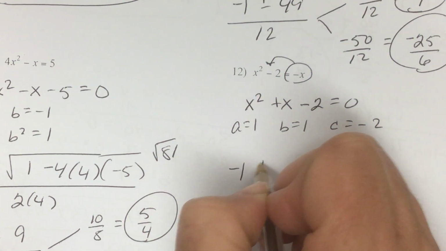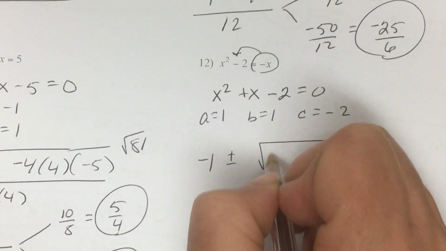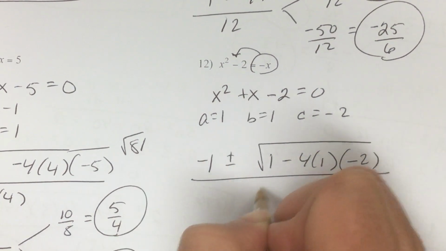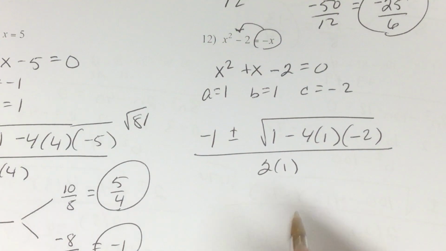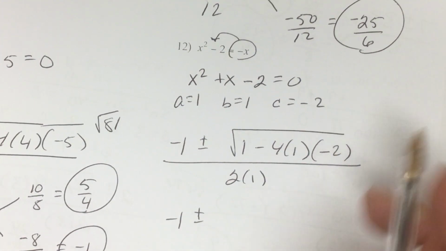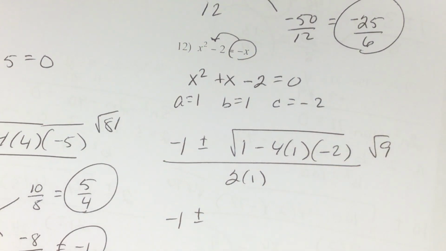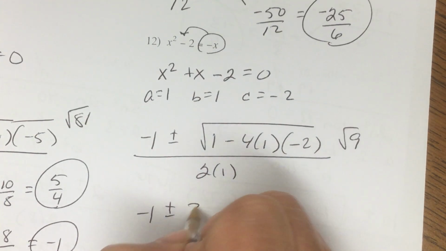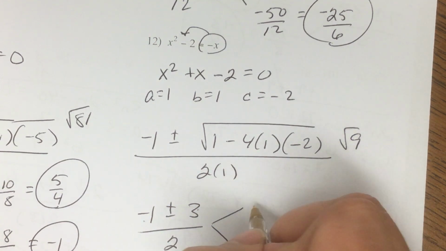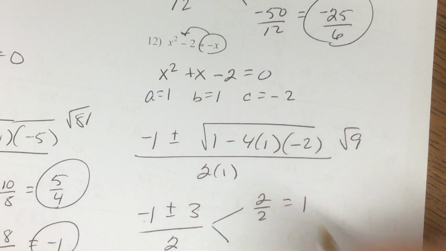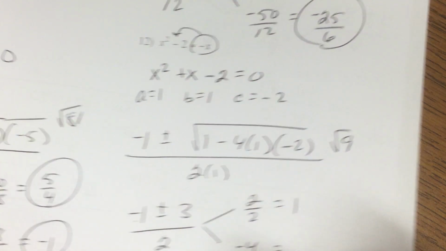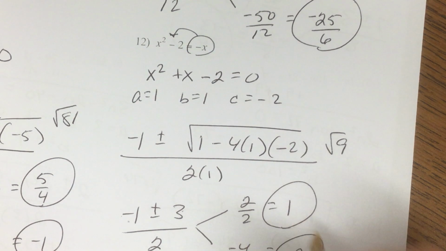So negative b plus or minus radical b squared minus 4ac all over 2a. Negative 1, and then put this in your calculator. You're going to get 9. So you have the square root of 9. So that's 3 divided by 2. Negative 1 plus 3 is 2, divided by 2 is 1. Negative 1 minus 3 is negative 4, divided by 2 is negative 2.